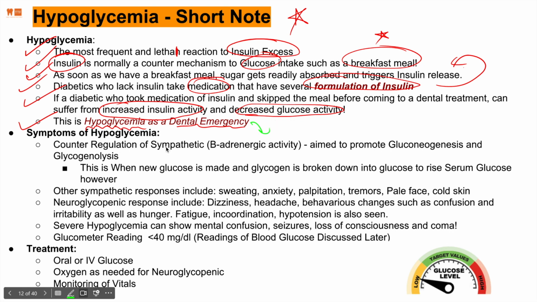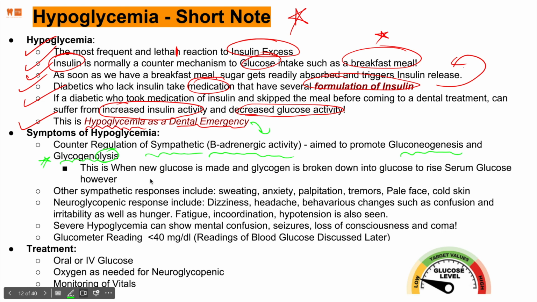Well, counter-regulation of the sympathetic system, which is the beta-adrenergic system, is seen. It's aimed to promote gluconeogenesis and glycogenolysis. In other words, lysis of glycogen storage. So it breaks open glucose and it produces gluconeogenesis, new glucose.